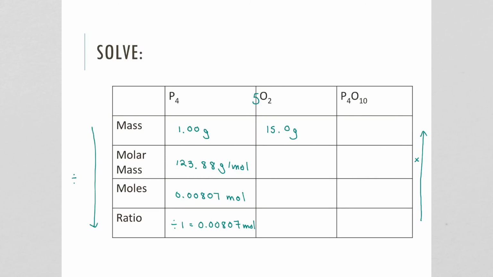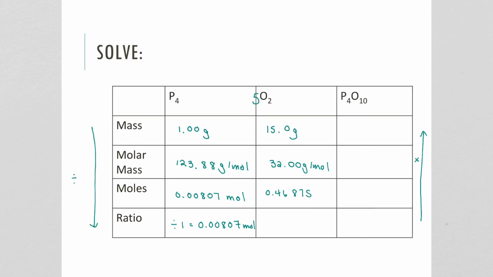So then for oxygen, we had 15 grams, and the molar mass of an oxygen molecule is 2 times 16, so 32.00 grams per mole. So 15 divided by 32 is 0.46875.